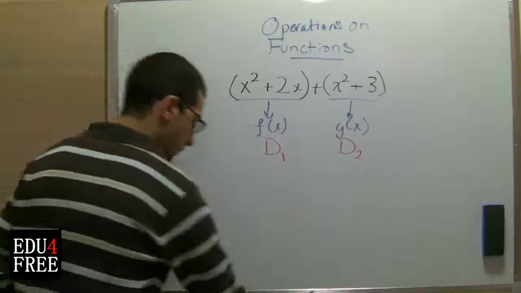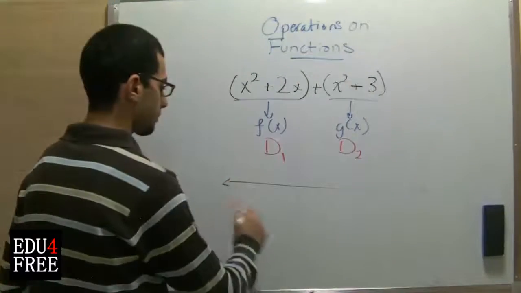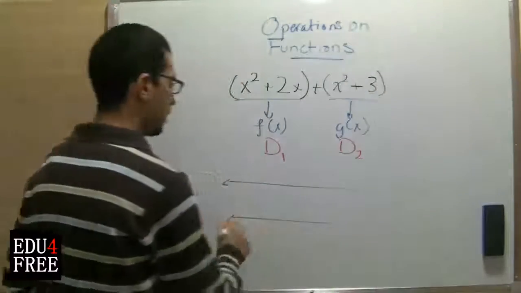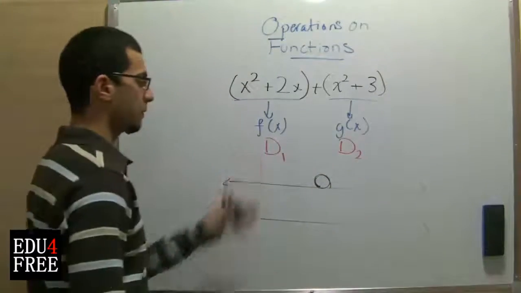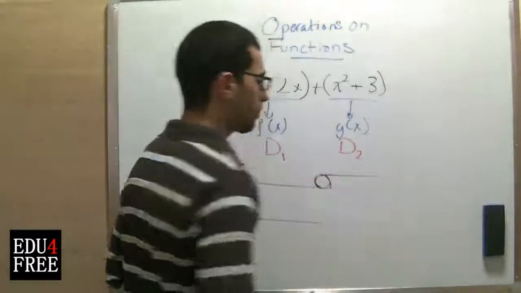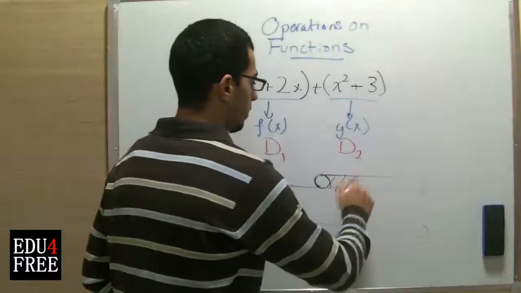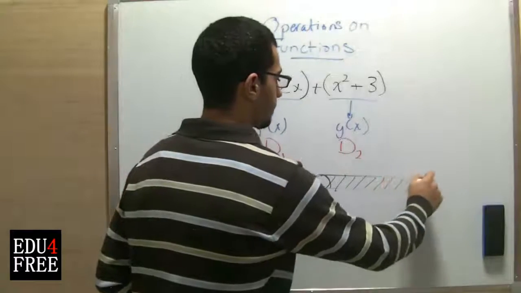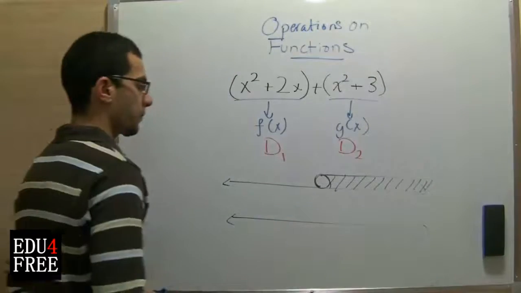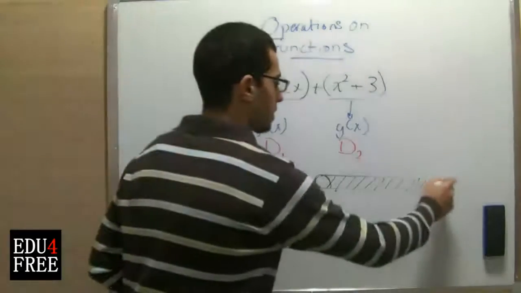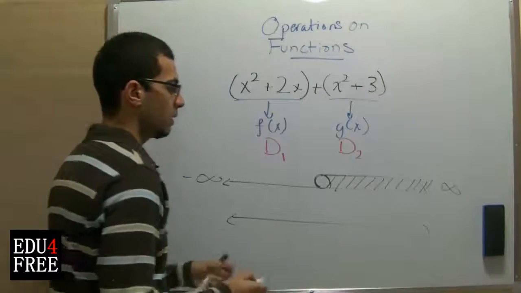So if we draw the two domains on the number line as an interval, for example, the domain of the first function will be R positive, so it will be all the numbers here, not including the 0. This is positive infinity and this is negative infinity. So this is d1.